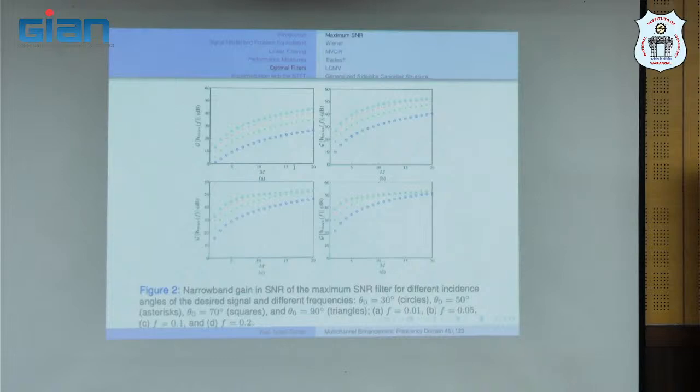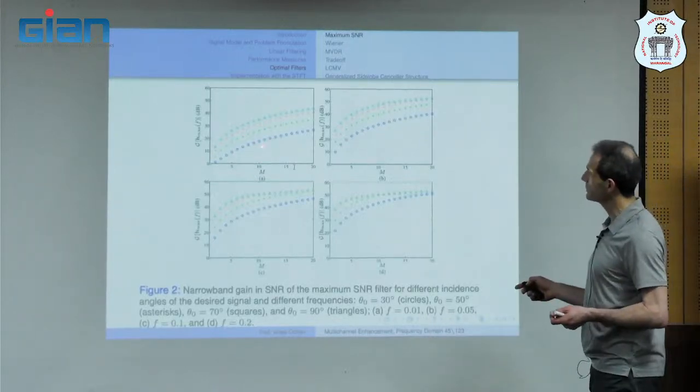But I also want to show you the relations between different frequencies. What happens for higher frequency components? You remember that even when the array is fixed, suppose that we choose 10 sensors, and suppose that the separation between the desired source and the interference is 30 degrees.